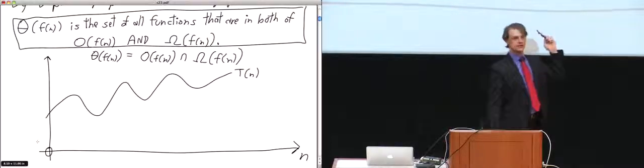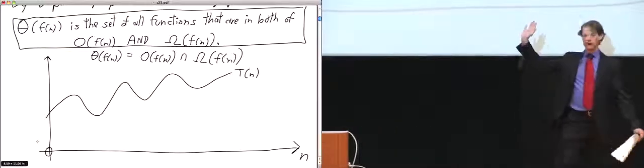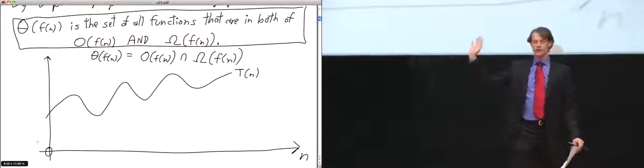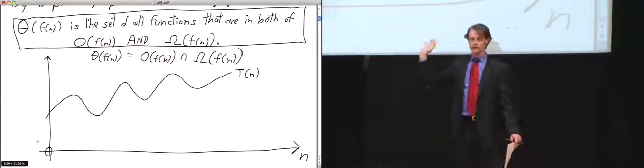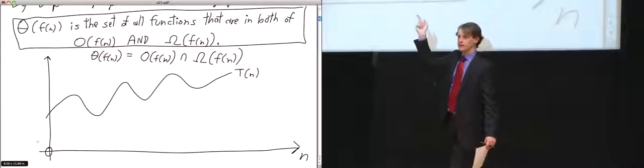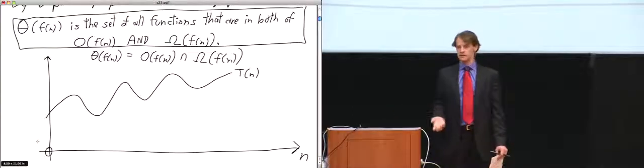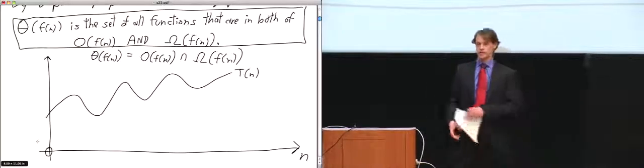So if I say that this is in big theta of n, I'm saying that I can draw a linear line through the origin, and that function is below it. I'm also saying I can draw a linear line through the origin, and that function is above it. And the difference between those two linear lines is that I have different constants, the constants c and d, that I used in the definition of big O and big omega.